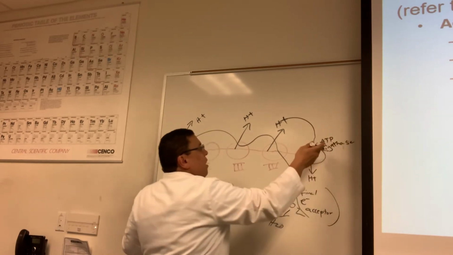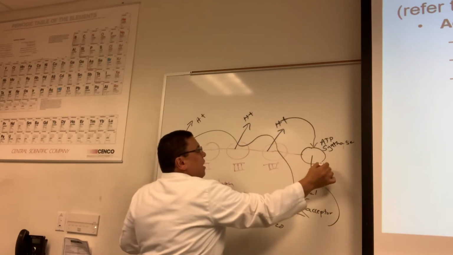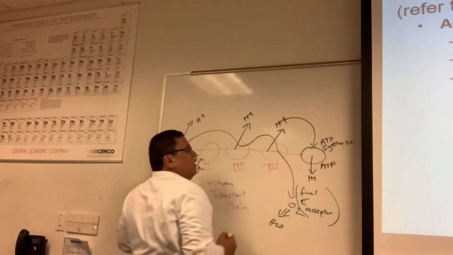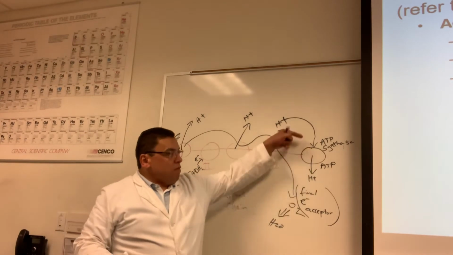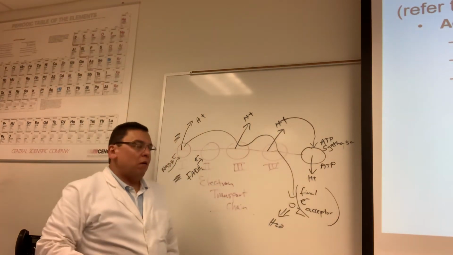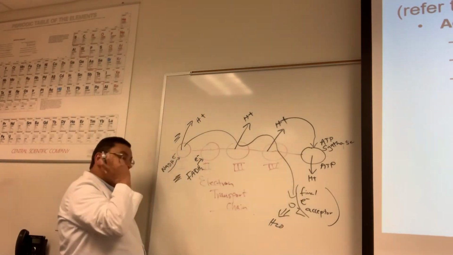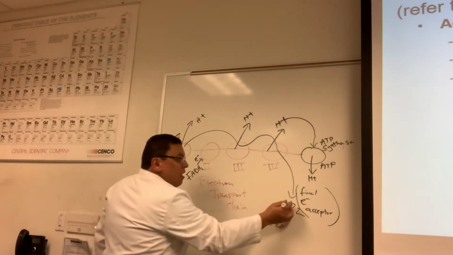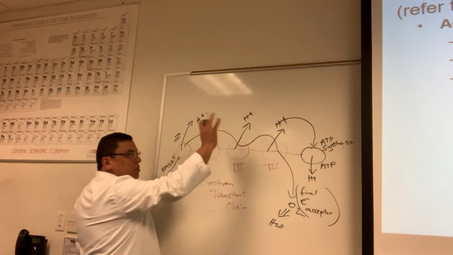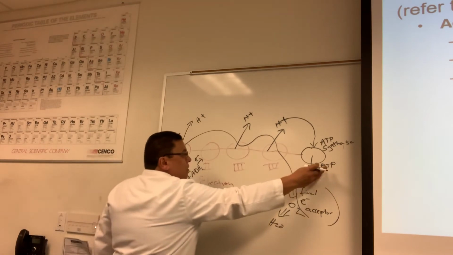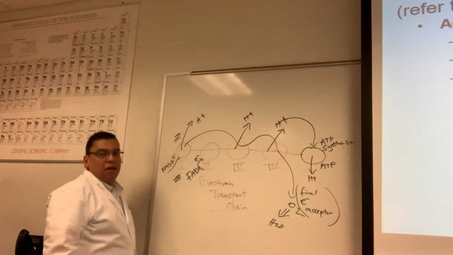And when it does that, that's the one that's making ATP. So to activate this guy, you have to pump hydrogen through it. So if you don't breathe oxygen, this whole thing shuts down and you're not making ATP, and of course, you don't survive that.